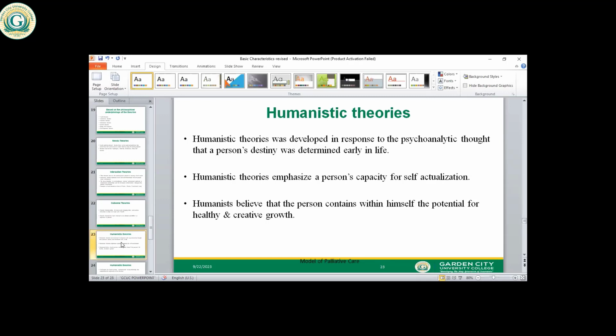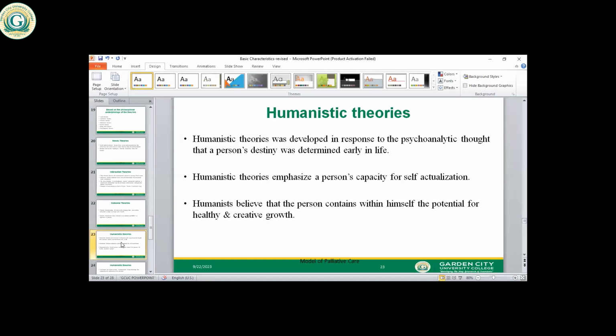There were some people who believed that as an individual, you can determine who you want to be or where you want to be later in life. And that was how the humanistic theories came into being.